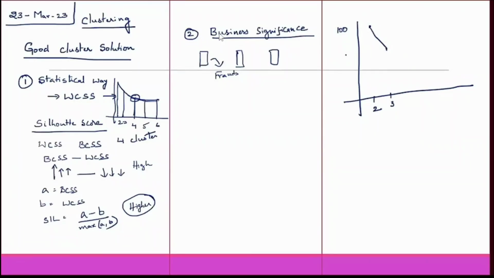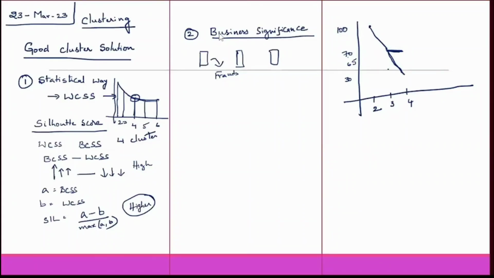Now suddenly in a 4 cluster solution, I see from 70 it has fallen to 65. It has fallen by a very small amount. But rather than that, let's say from 70 it has fallen to 30. What you will find is you will find the data to be as steep as this, or probably you will find it to be even steeper.